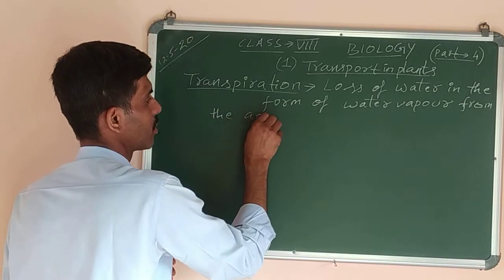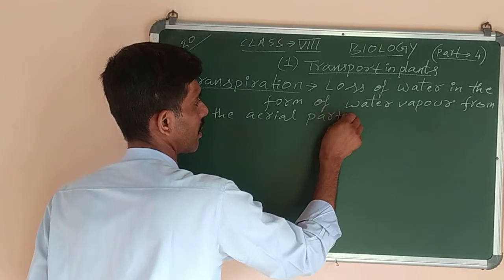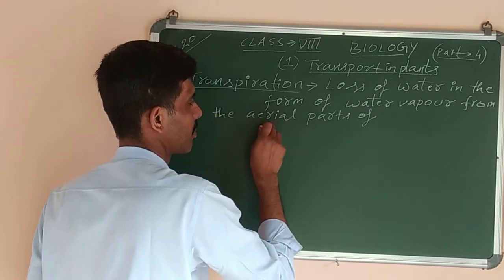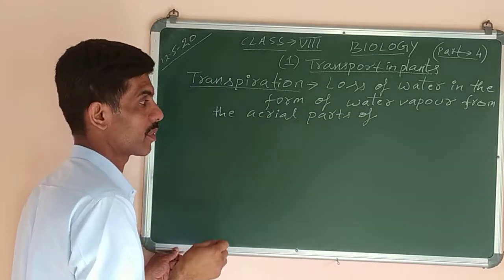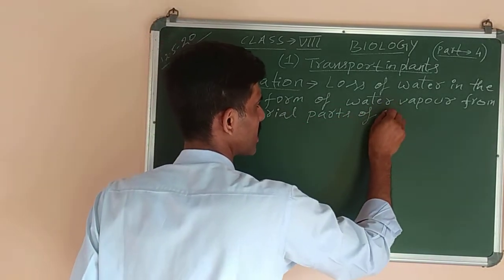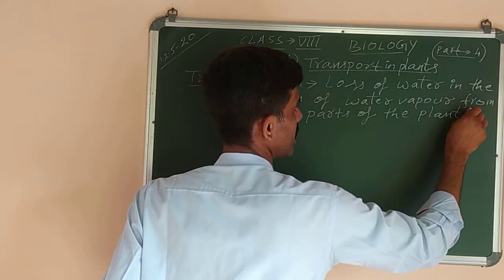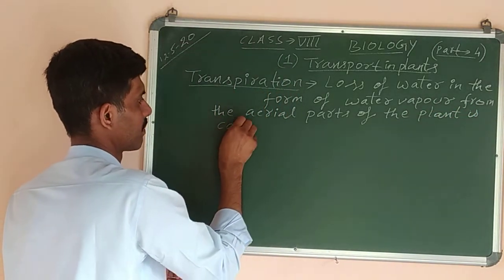Aerial means those parts of the plant which are above the ground. That is called aerial parts, like the leaves, the stem, the branches. So loss of water in the form of water vapor from the aerial parts of the plant is called transpiration.